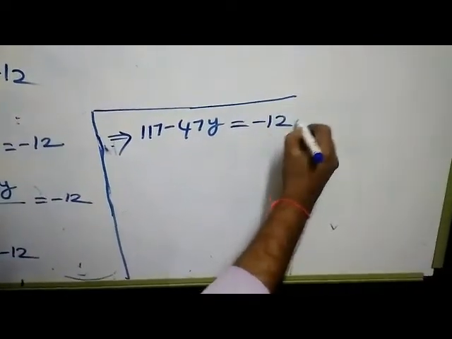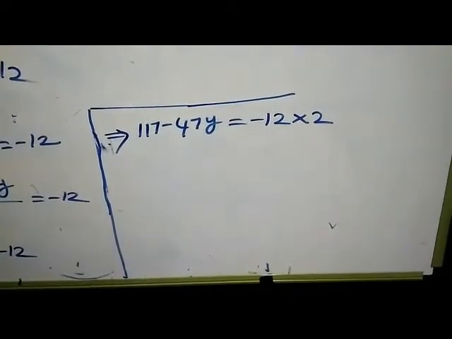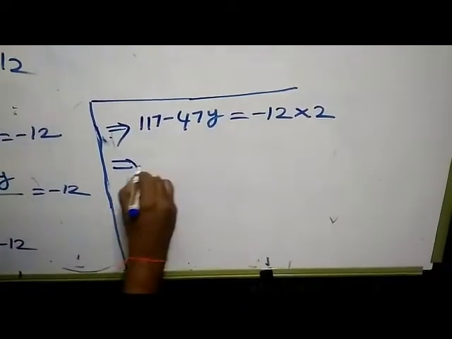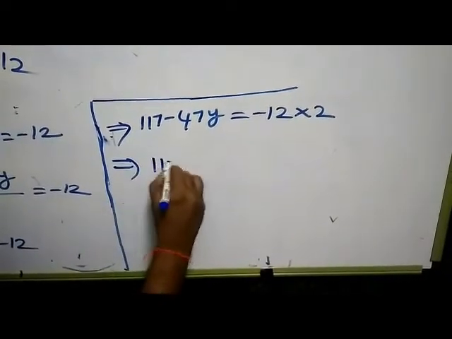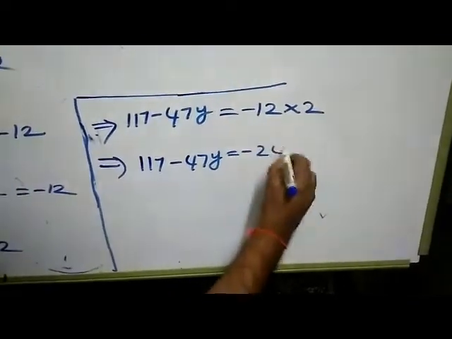minus 12 into 2. The by 2 will be transposed to that side, it will be into 2. So 117 minus 47y is equal to minus 24.